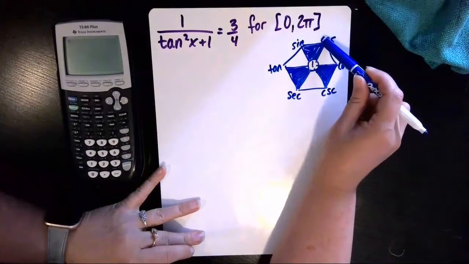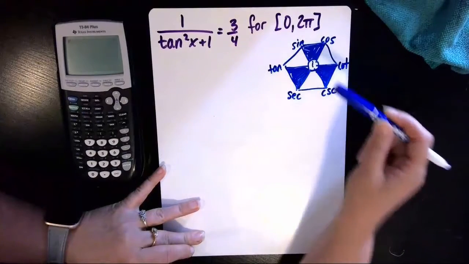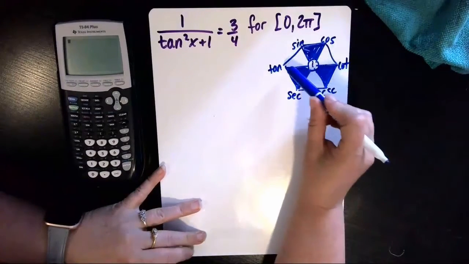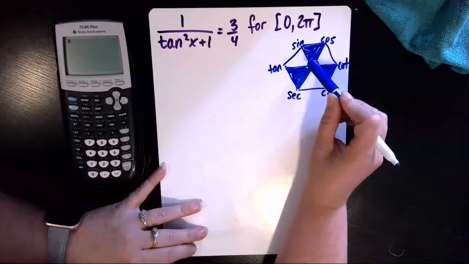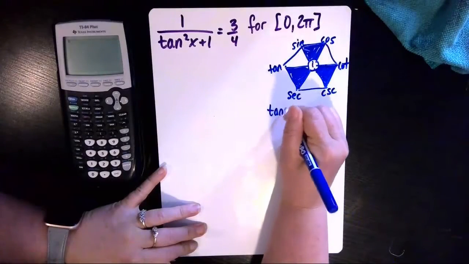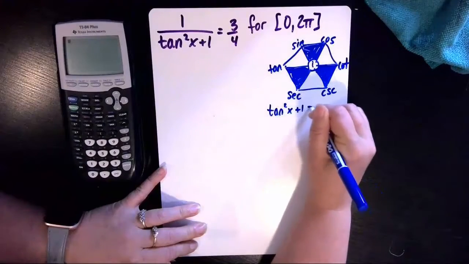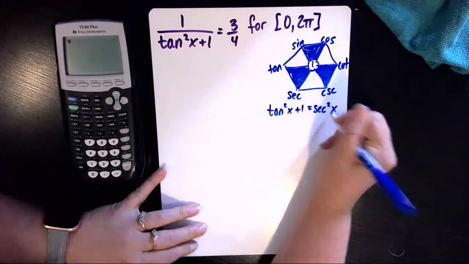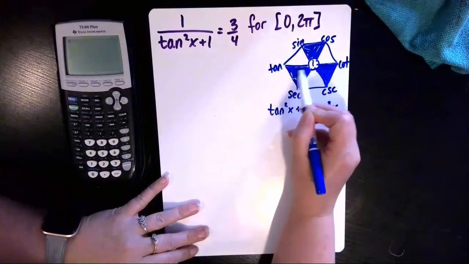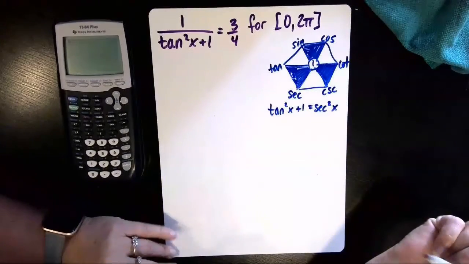So sine squared plus cosine squared equals 1. 1 plus cotangent squared equals cosecant squared, and then the one that we're going to use, tangent squared plus 1 equals secant squared. So tangent squared x plus 1 equals secant squared x. That's the Pythagorean identity from this triangle right here on our trig identity hexagon.